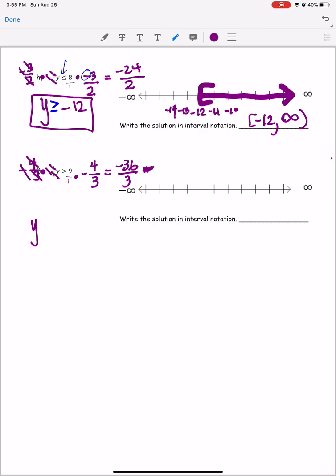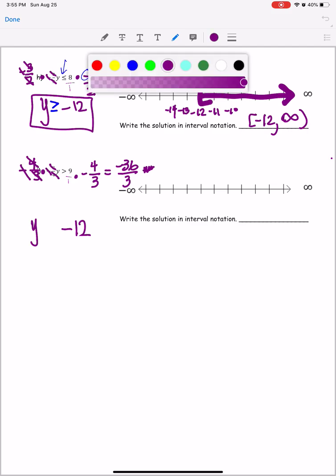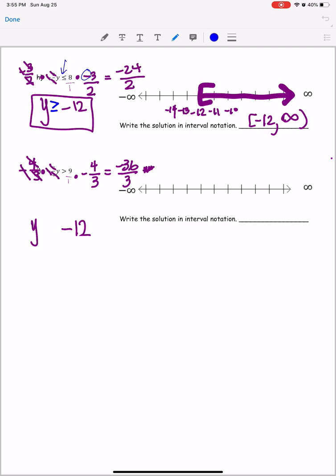And weirdly enough, negative 36 divided by 3 is negative 12. So we get negative 12 for this answer as well. So now just figure out, do we need to change this symbol? Well, I am multiplying by a negative 4 over 3. So yes, that means you do need to flip this symbol. So instead of it being greater than, now it is less than.